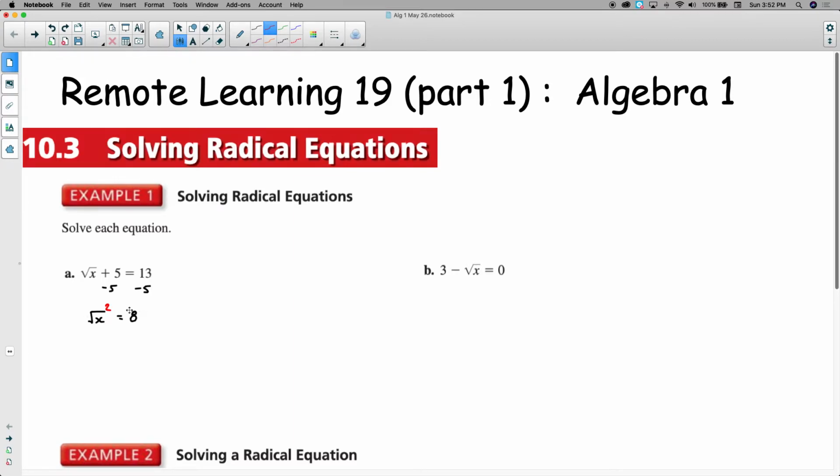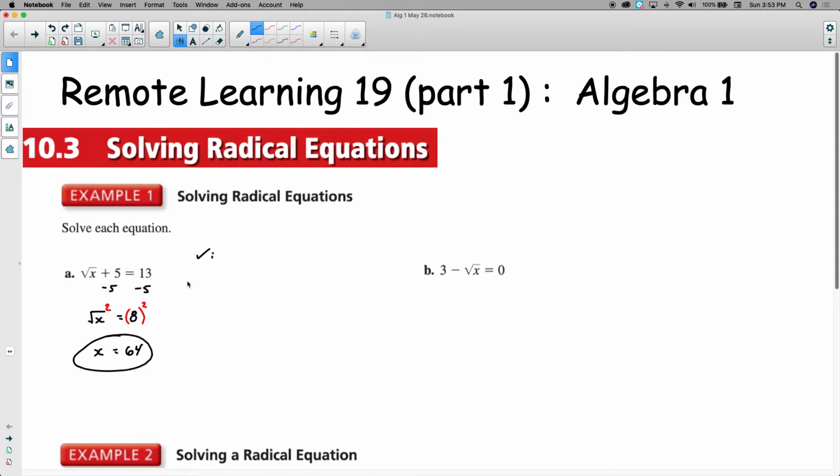None other than squaring. I'm going to wrap that whole side and square it, so just be careful with my parentheses there. And a square root and a squared, those undo each other. And what is 8 squared but 64? All right, and then that is the answer. And I will just do a little check over here.